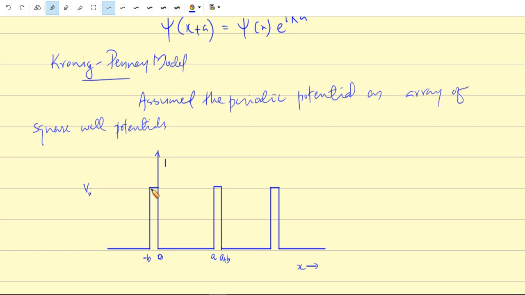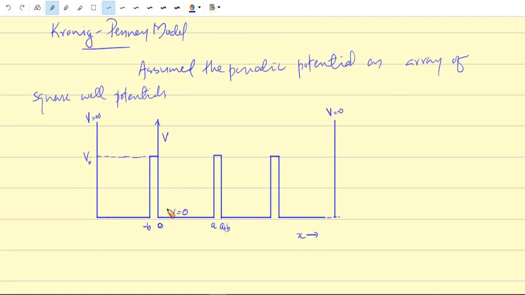So this potential is V0, and here the potential is V equal to 0. At the boundary the potential is infinity. So this is the Kronig-Penney model. The potential is 0 in region 1, and the potential V equal to V0 in region 2. Now let us assume the electron has an energy which is less than V0.